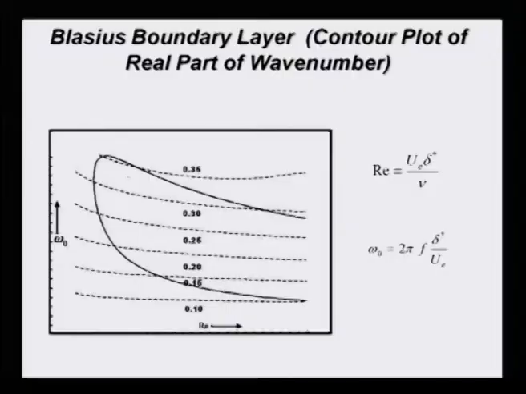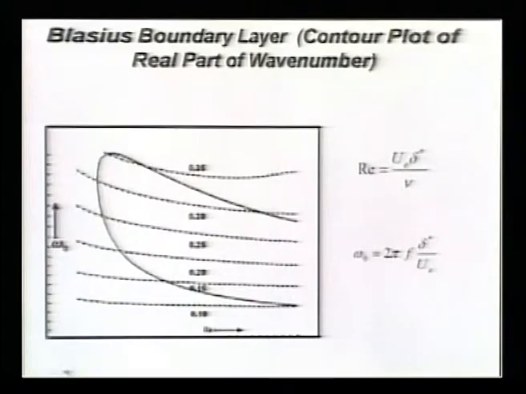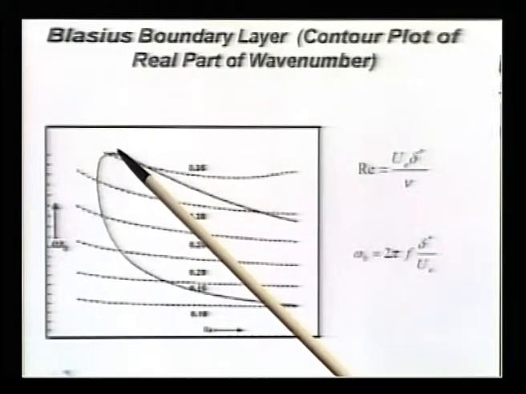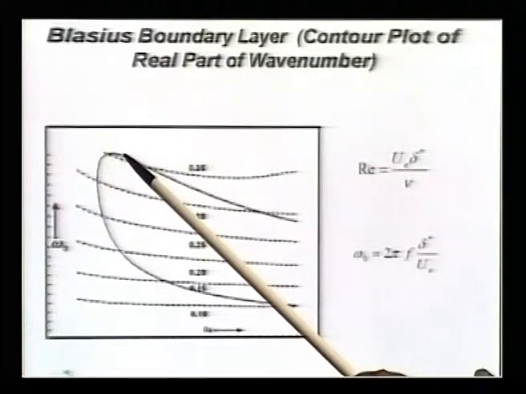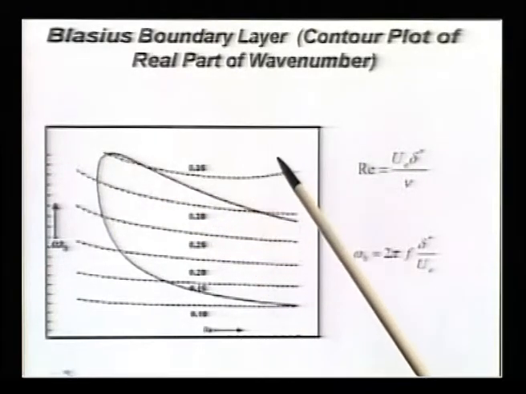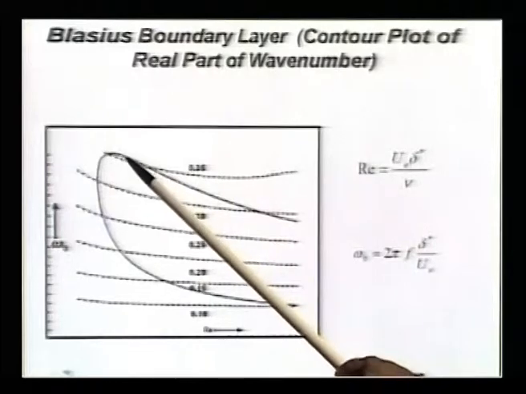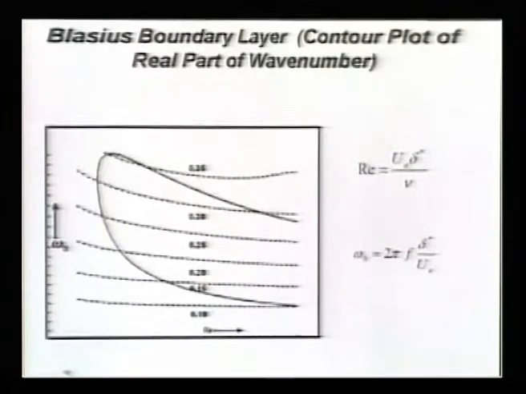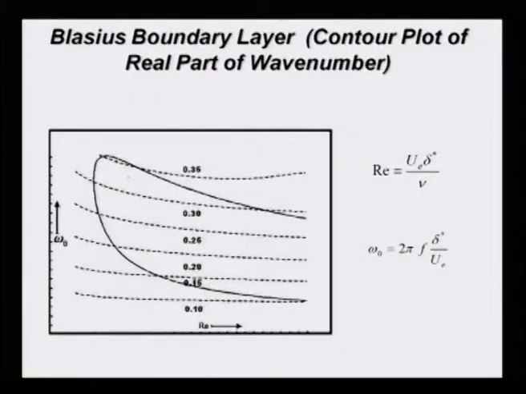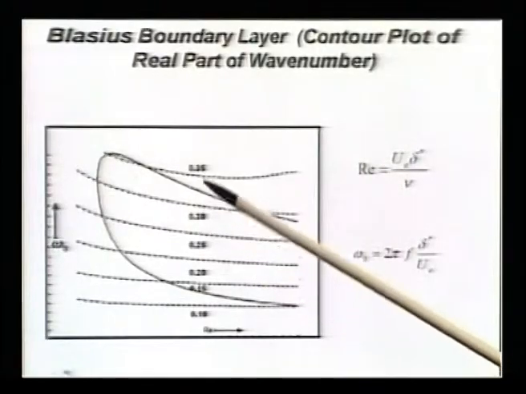Now, let us also look at one particular aspect, the tip of this curve. If I look at the tip of this curve, the corresponding alpha r value is roughly around 0.35 to 0.36. What does that mean? Alpha r is the wave number, that is 2 pi by lambda, and this alpha r is increasing.